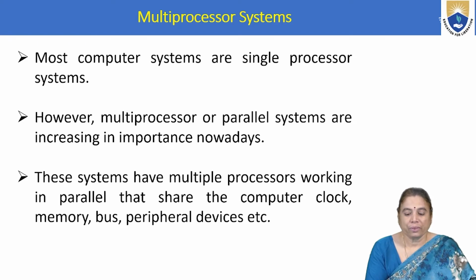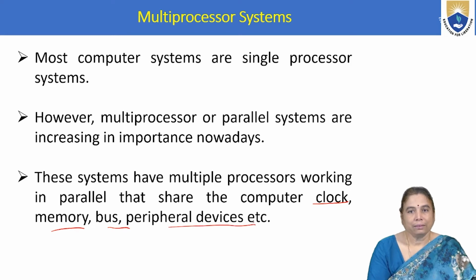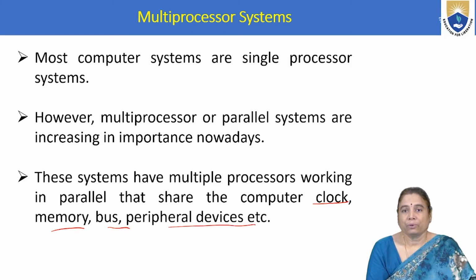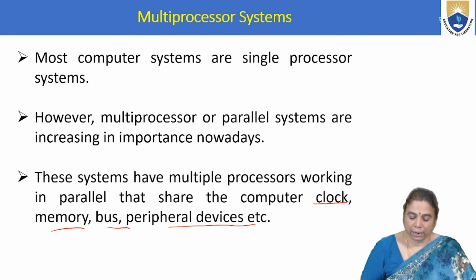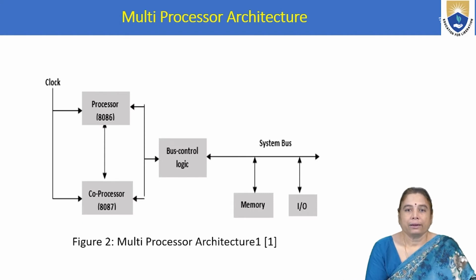These systems have multiple processors working in parallel that share the computer clock, memory, bus, peripheral devices, etc. So there is more than one processor, and they share all the other resources of the computer in parallel processor or multiprocessor systems. So how is the architecture of the multiprocessor system?